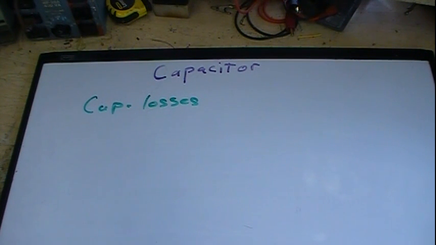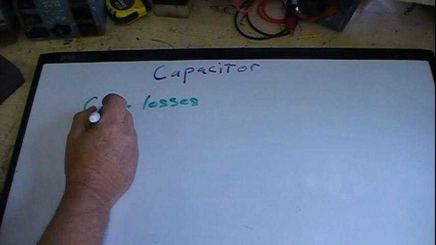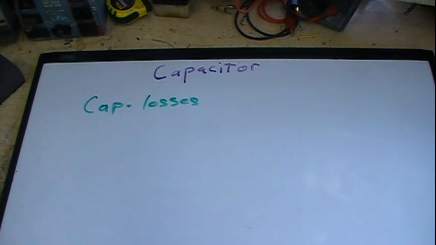Or not ESR, but anyway, it's the effective resistance. Basically, they measure it as a resistance in the capacitor, the effective resistance due to the loss, due to the leakage. So, ESR meters, I'm pretty sure that's the name of them.